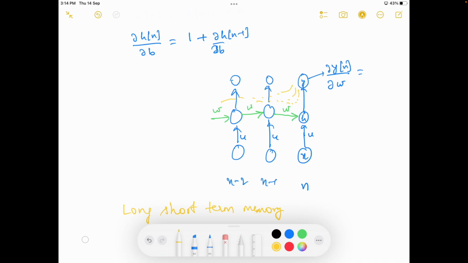Okay, one more thing I want to tell. CNNs are computationally a little bit inefficient, but RNNs are computationally very efficient. Why? Because with any kind of RNN, you can process the incoming signal on the fly. You don't need to go back. You just process it in one direction.